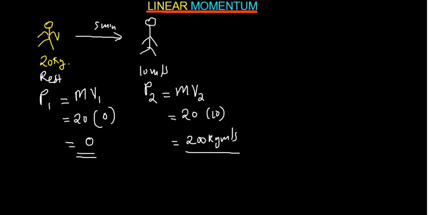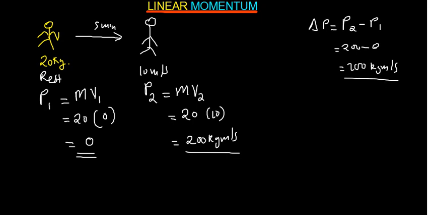So here you are able to calculate change in momentum. Every time you hear of change, change is given by final minus initial. So I'm going to say momentum 2 minus momentum 1. So this is going to be 200 minus 0, which will basically be 200. So the unit is kg meter per second.